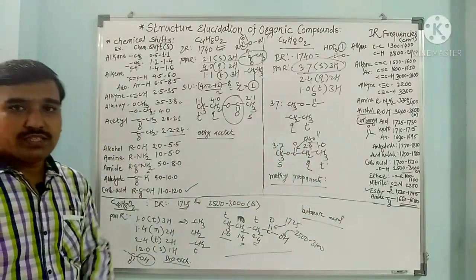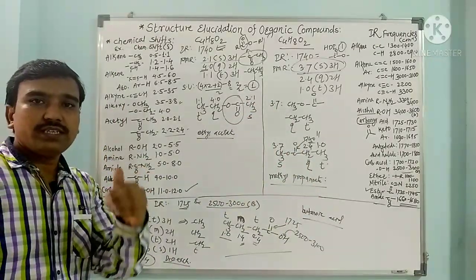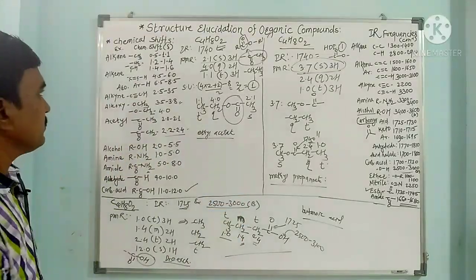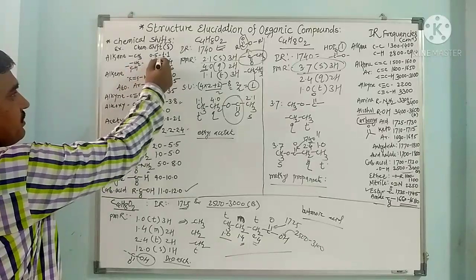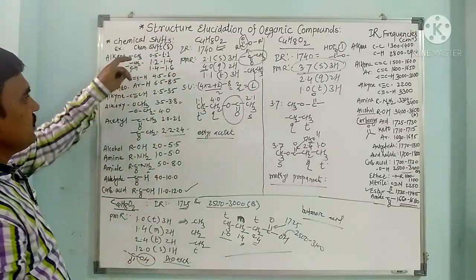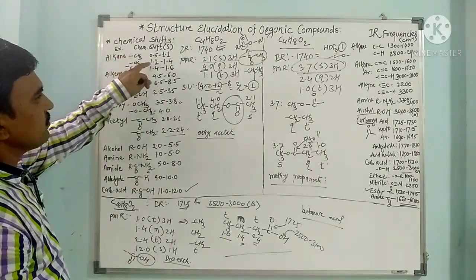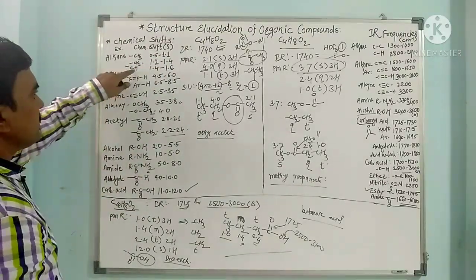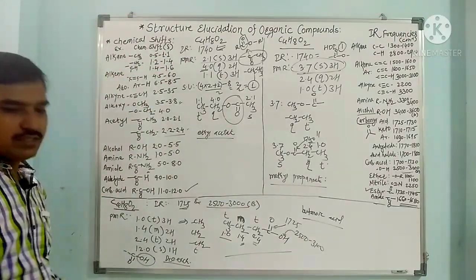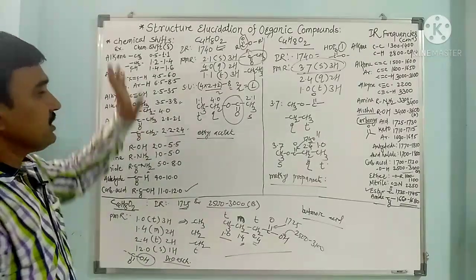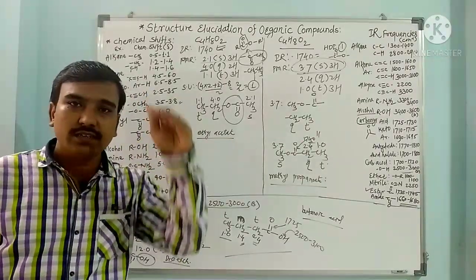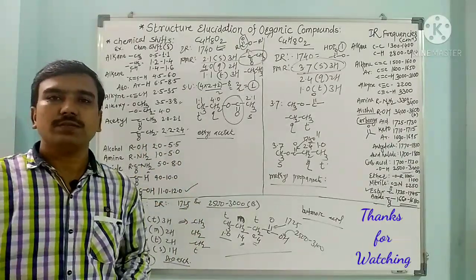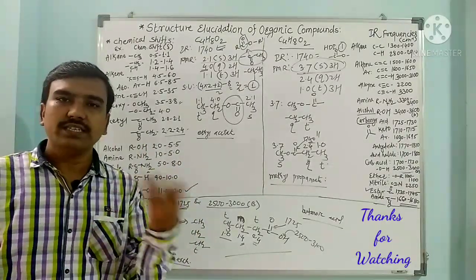Always remember one thing: whenever hydrogens are decreased on a carbon, the remaining hydrogens have a higher chemical shift. CH3 is 0.5 to 1.1; when one hydrogen is reduced, CH2 is 1.2 to 1.4, so it is deshielded; and CH is 1.4 to 1.6. Whenever hydrogens are decreased from a particular carbon, the chemical shift increases, so it becomes slightly deshielded.